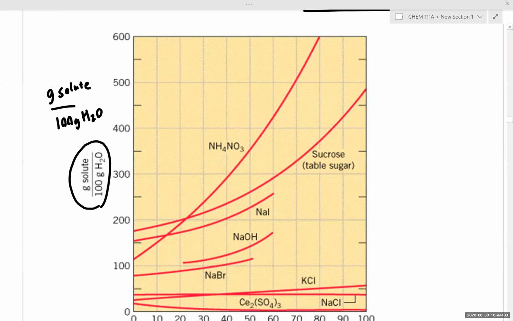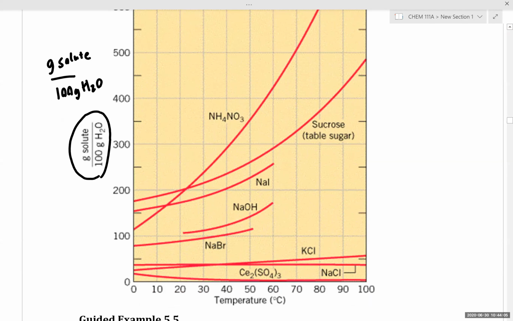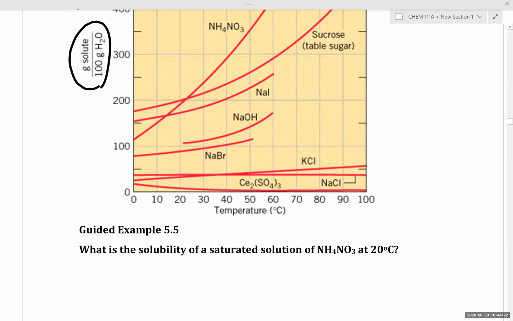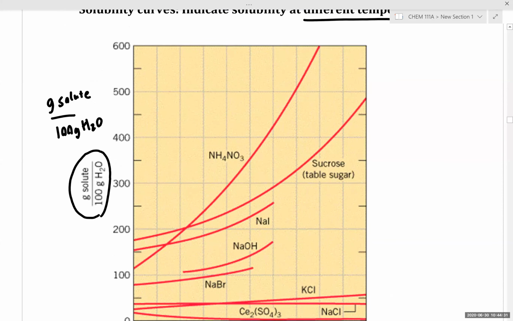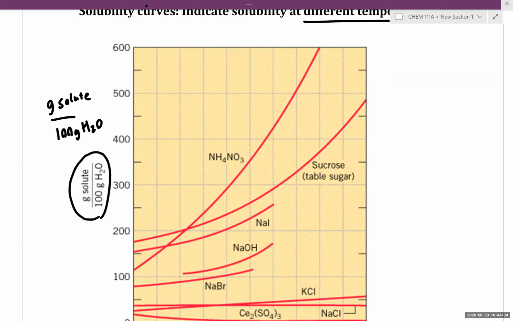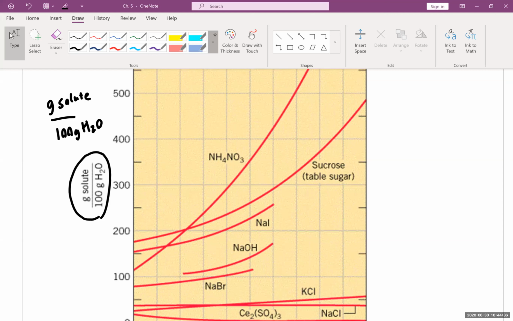Okay, so first we noted the units are grams of solute per 100 grams of water. Each of these curves shows the solubility as a function of temperature. So let's do some examples where we read solubility curves. We're asked to find the solubility of a saturated solution of ammonium nitrate at 20 degrees Celsius. There are three regions of a solubility curve.